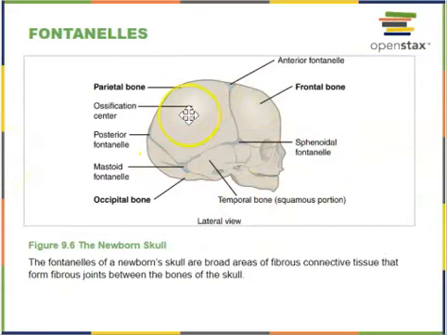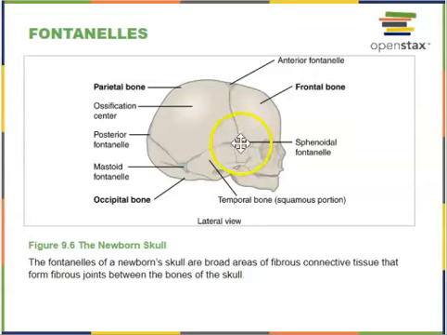Figure 9.6 shows the newborn skull and the fontanelles. The fontanelles of a newborn skull are areas of broad fibrous connective tissue that will form a fibrous joint in the bones of the skull prior to the interlocking of the cranial bones and the formation of the suture.